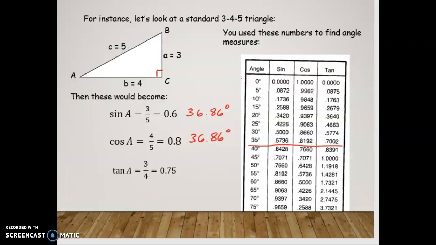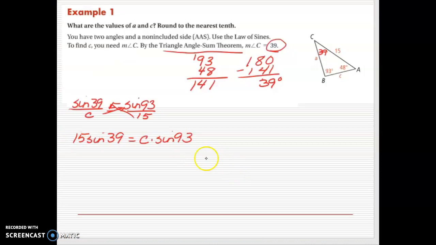Now, like I told you, this is just a number. I don't go up to 93 on this one. But it's just a number, just like sine of 60 is a number. And we are going to then divide by that sine of 93. And since it's the same number on top and bottom, you can cancel that out.